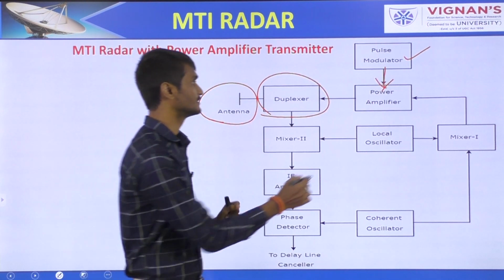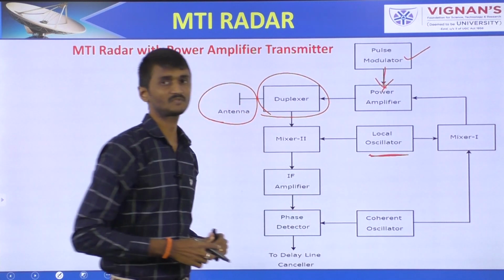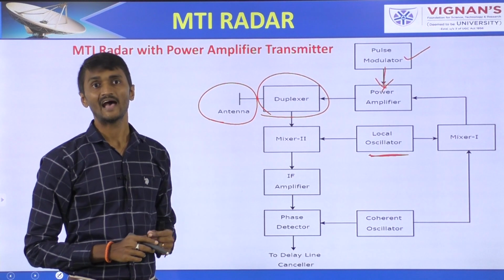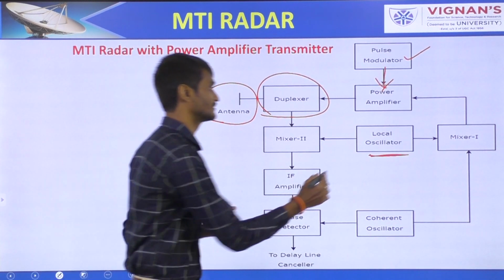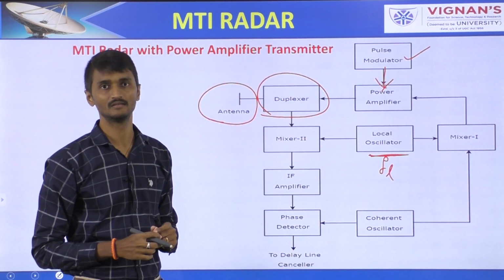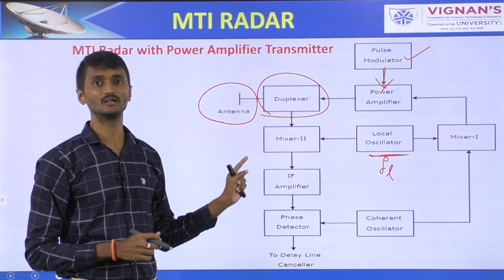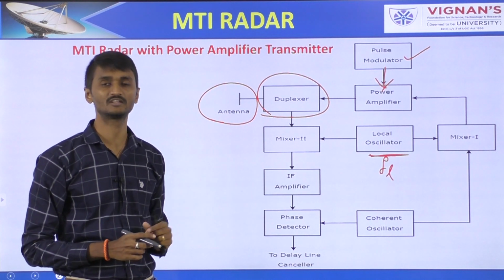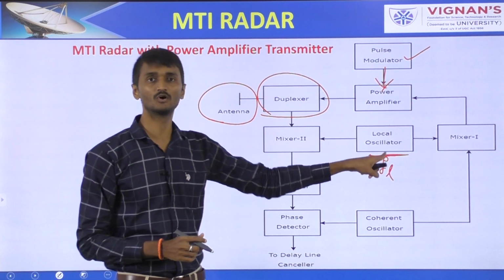So next one will be the local oscillator. It produces a signal having a stable frequency FL. Hence, it is also called the stable local oscillator.